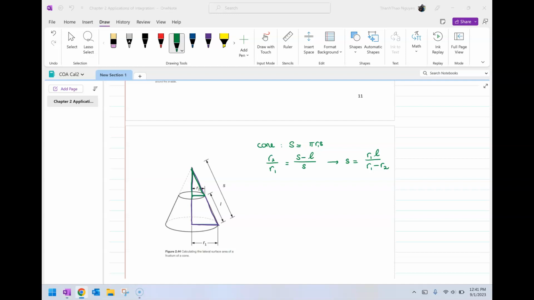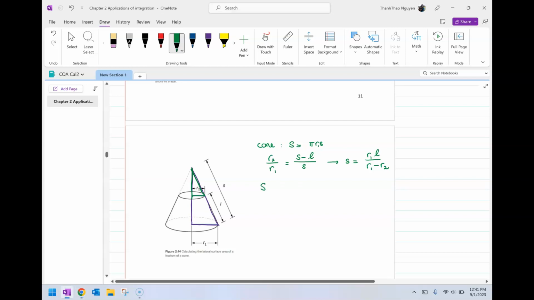For the length L, the lateral surface area of the frustum is the lateral surface area of the larger cone minus the surface area of the smaller cone.